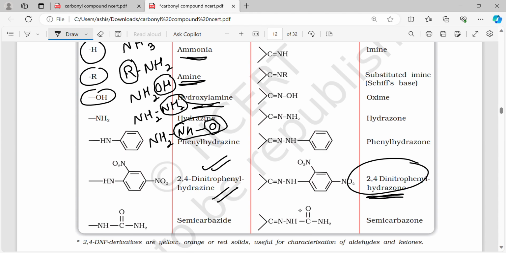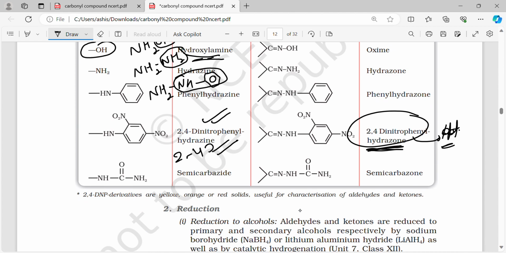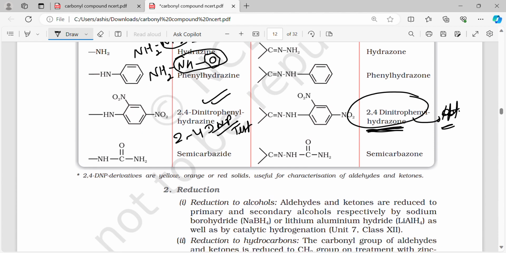Similarly, 2,4-dinitrophenylhydrazine. That is very important. When we react 2,4-dinitrophenylhydrazine with a carbonyl compound, either aldehyde or ketone, they will form 2,4-dinitrophenylhydrazone, and it will give a yellowish white precipitate.